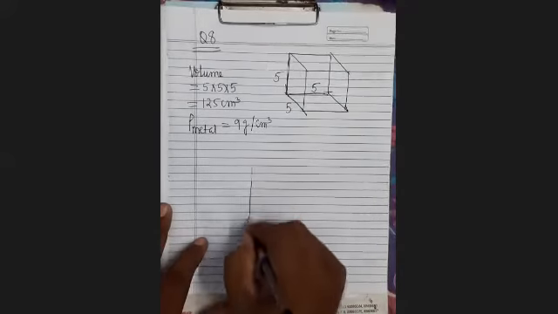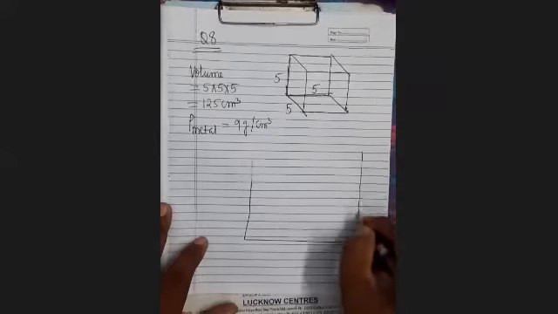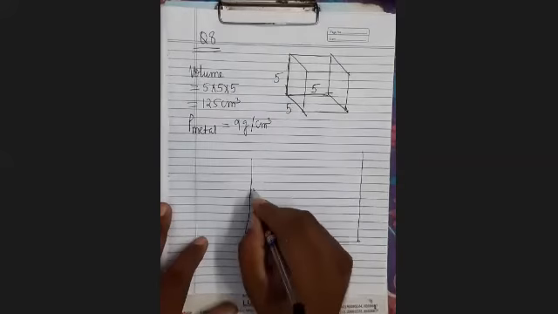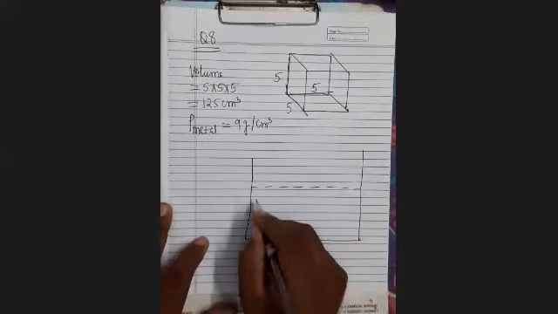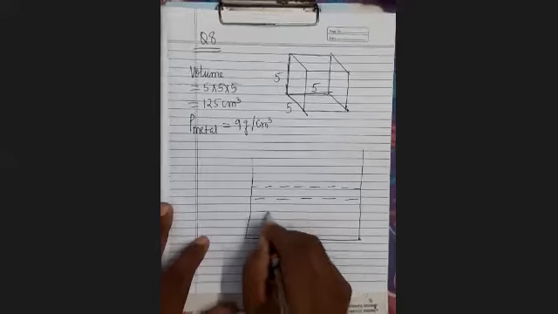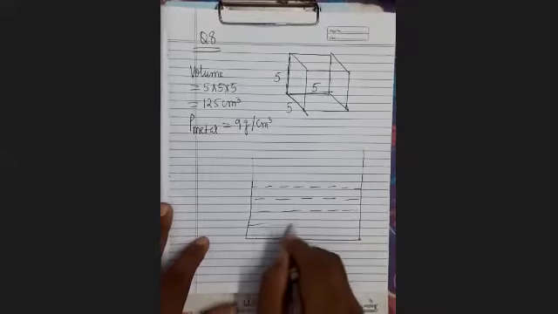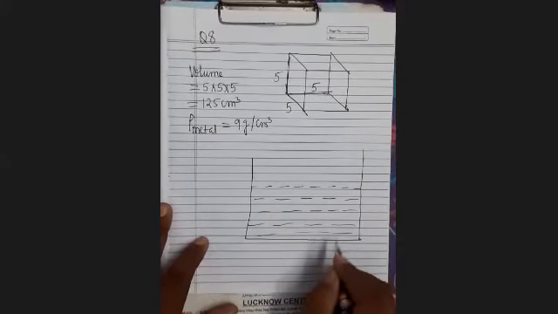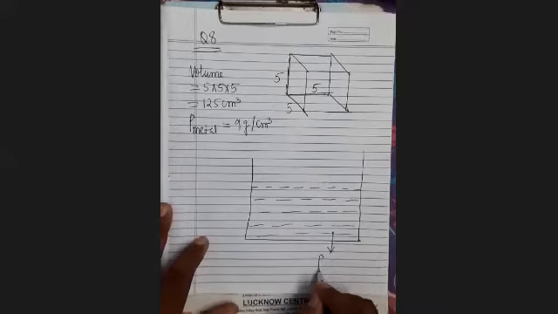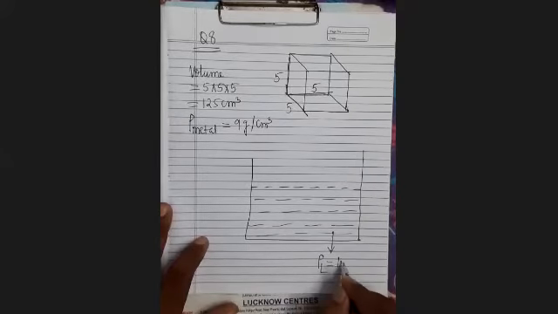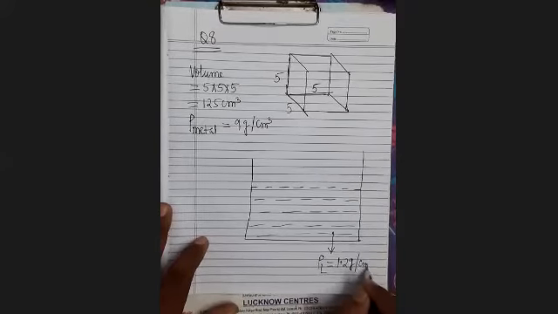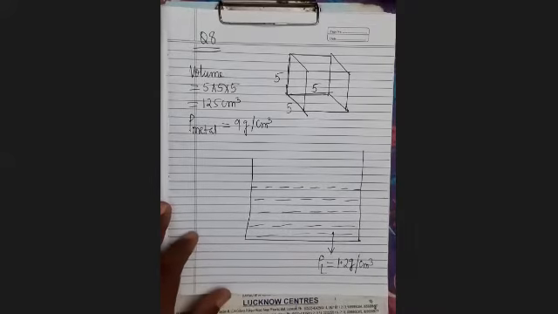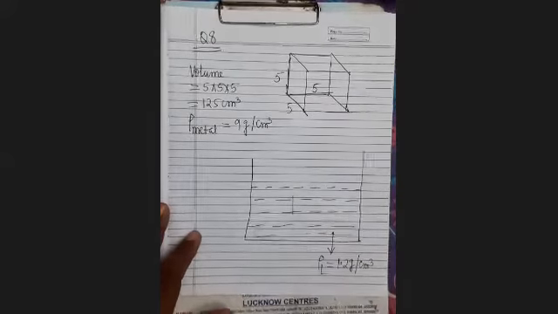This means it is like this. Here this is a container containing liquid of density how much? 1.2 gram per centimeter cube. And this metal cube has been suspended inside with the help of thread.